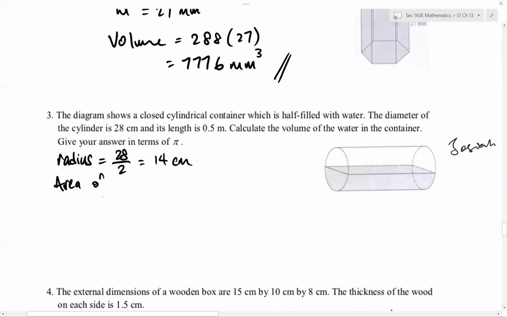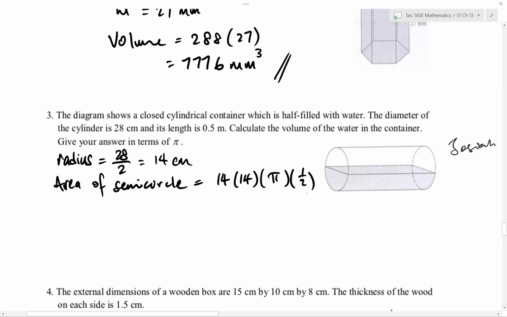Area of circle. Why do you want to find area of circle? Why don't you just say area of semicircle? Hey, your train of thought very funny.